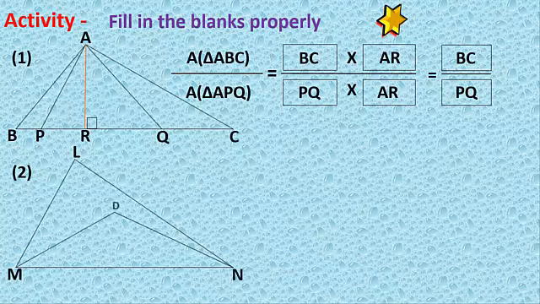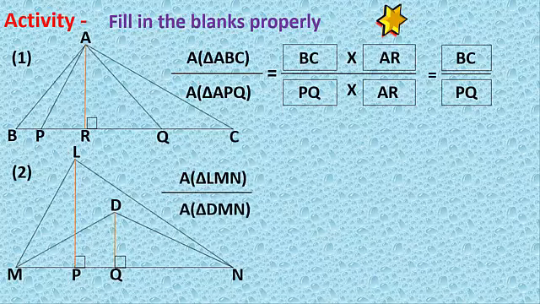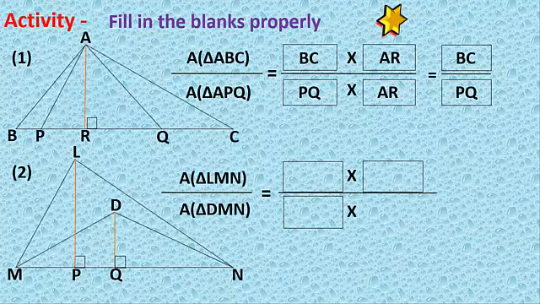Then second example, first triangle and second triangle, triangle LMN and triangle DMN. First height LP, second height DQ. Area of triangle LMN divided by area of triangle DMN is equal to first bracket into second bracket divided by first bracket into second bracket. For triangle LMN base MN, and height LP.